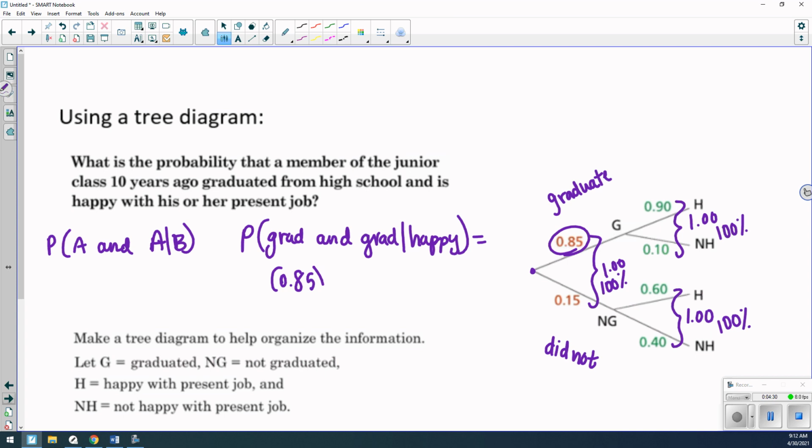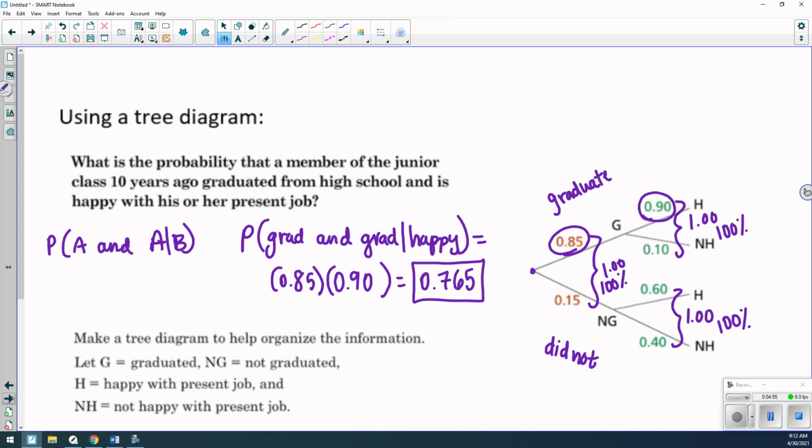Then what I'll do is I'm going to multiply it by the next branch down the tree diagram. Since I'm looking for graduated and happy, I'm going to consider that number, 0.90. I multiply those two values together and I get 0.765, or I could say that there's a 76.5% chance that a graduate of high school is going to be happy at their job.